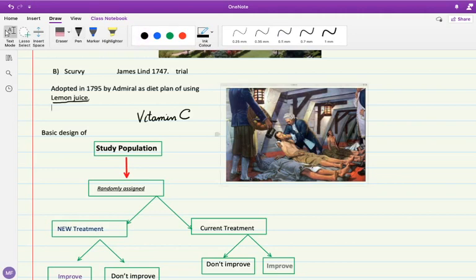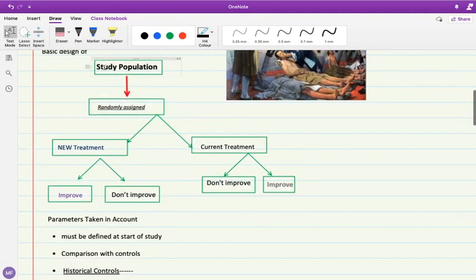So what is the general layout of a randomized clinical or field trial? We generally use the word clinical and omit it over time because it can be extended to certain other spheres as well. If you look at this photo, you will see that there is a study population, and then the study population is randomly assigned. Let me draw a star here because this is a very important step.